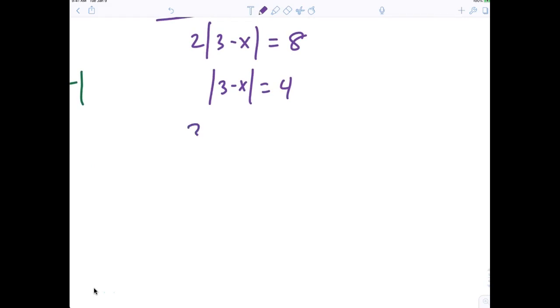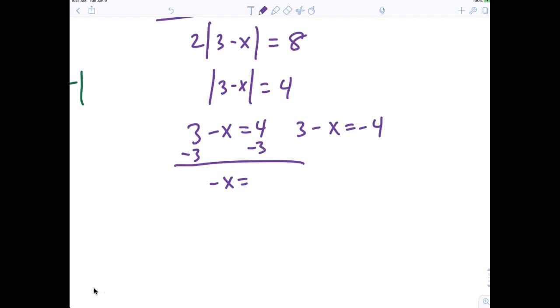Good job. Now what? Good. So x equals. No, remember, negative means change the signs. Negative 1. Yes. All right. You still with me? Good for you. Now you're just checking. Good. And then what?